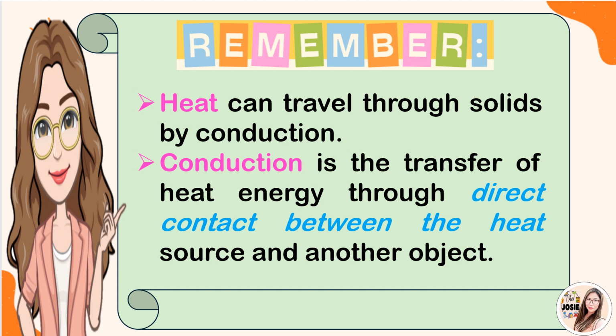Heat can travel through solids by conduction. Conduction is the transfer of heat energy through direct contact between the heat source and another object, just like what happened to the hot water, the mug, and the metal spoon.